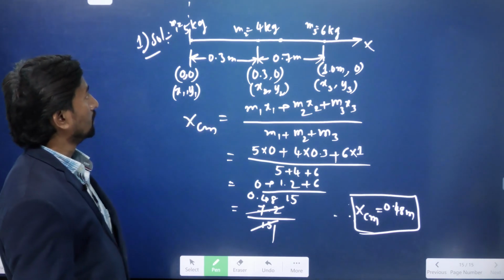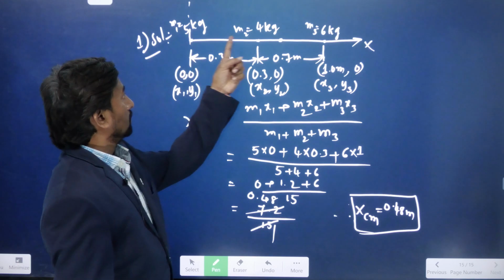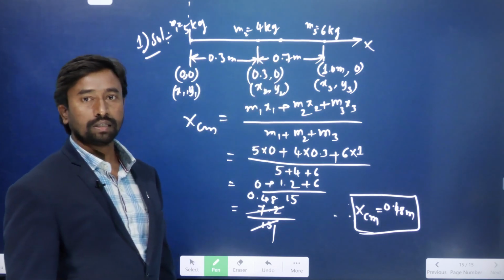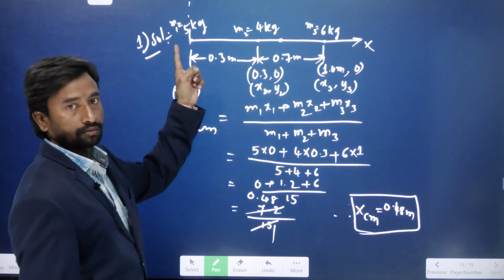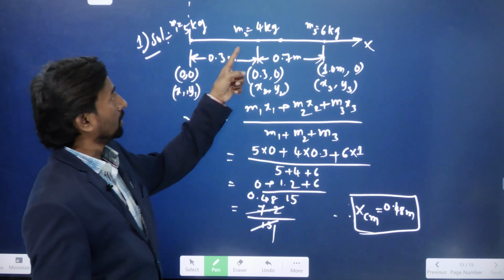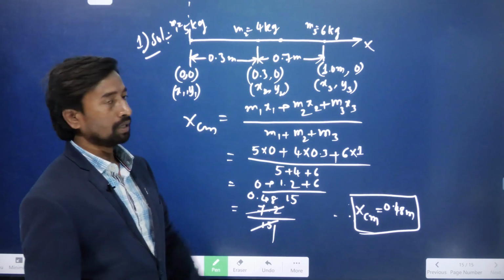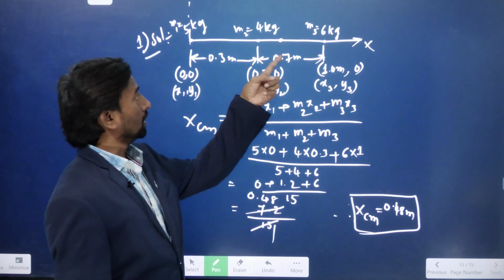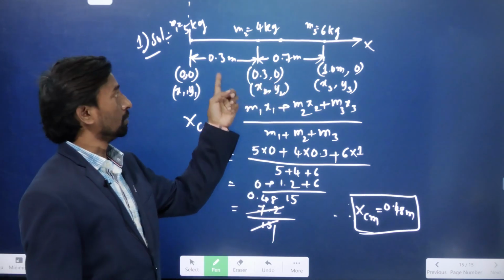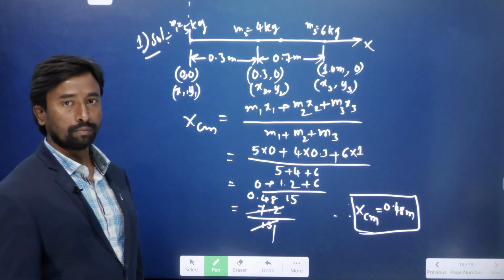So here we can observe that 4 kg plus 6 kg is 10 kg, and 5 kg is the lesser mass of the body. The heavier mass of the body is 4 plus 6, that is 10 kg. So the center of mass is nearer to the heavier mass of the body.